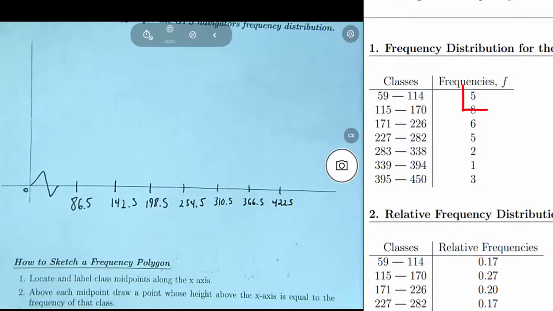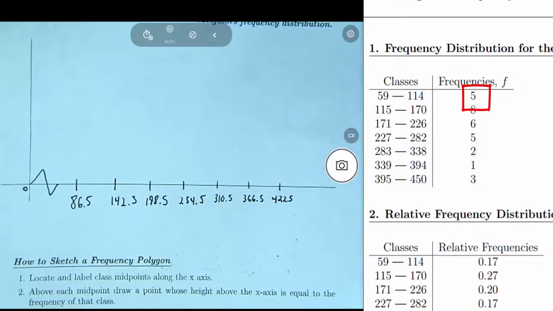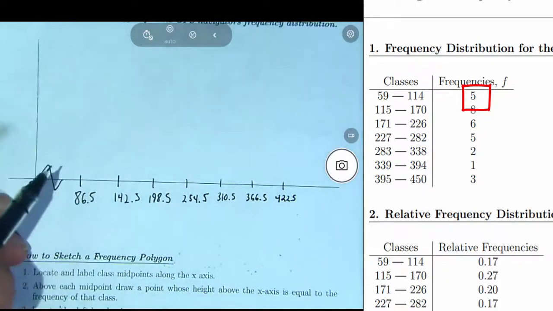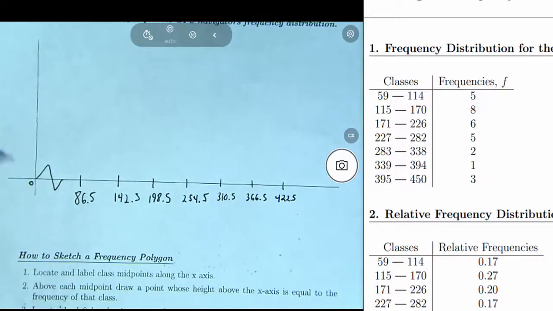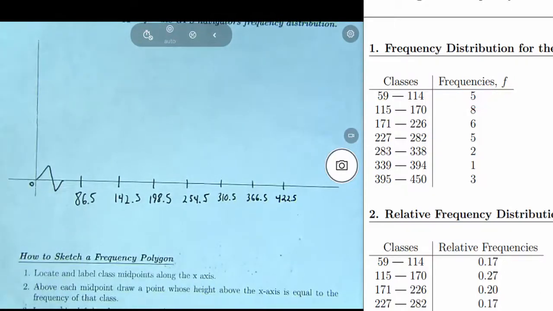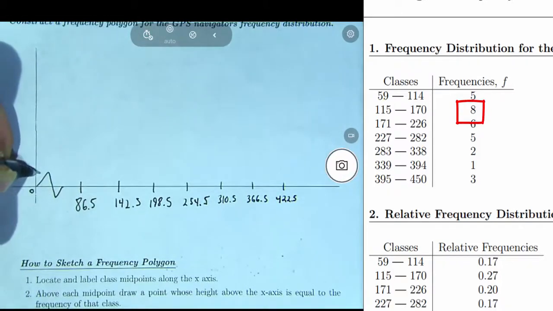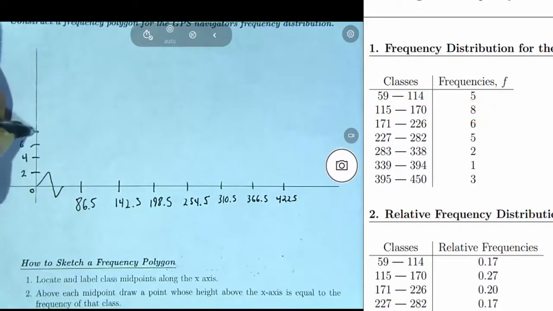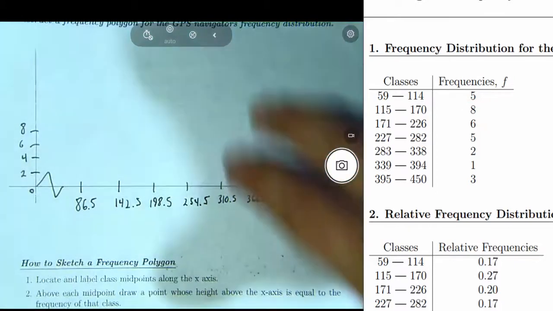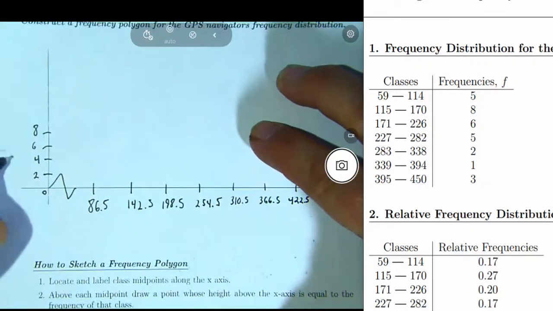So notice the first class has a frequency of 5, so we need to locate a point at 5, and we probably ought to scale the y-axis of our graph. Notice the largest frequency is 8, so I'll scale the y like this: 2, 4, 6, 8. Put the word frequency up here.